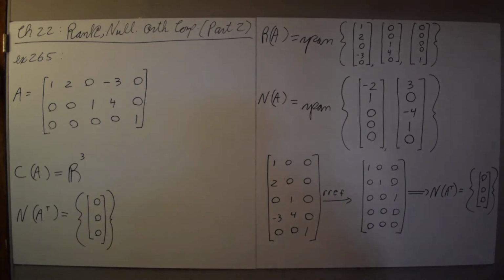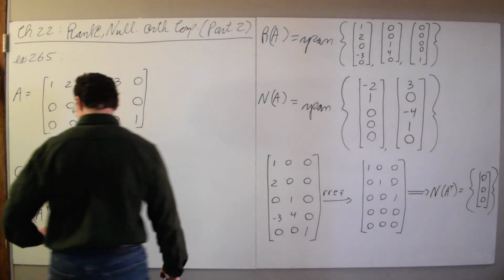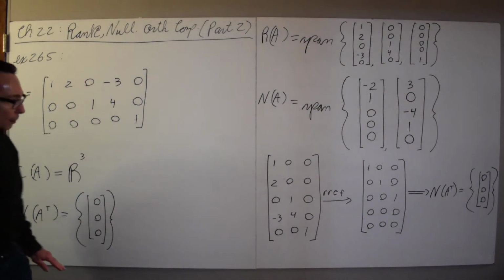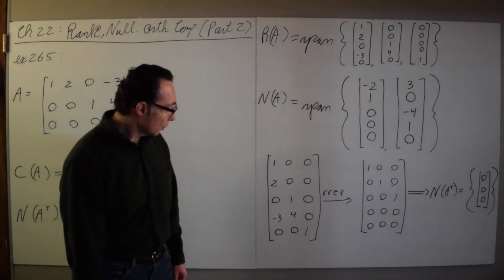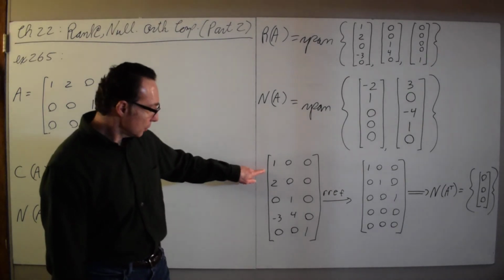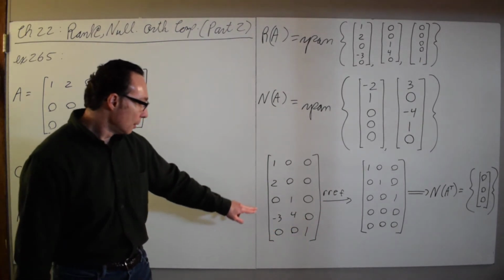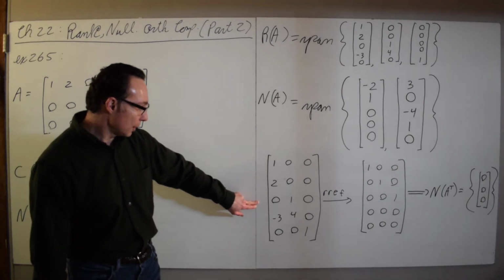Now, I'm going to work with the column space, and I'm going to work with the null space of A transpose. We already know what that is, but we're going to pretend that we don't know that this is the null space. So we're going to take A transpose and we're going to put it in reduced row echelon form because we're going to look for its null space.